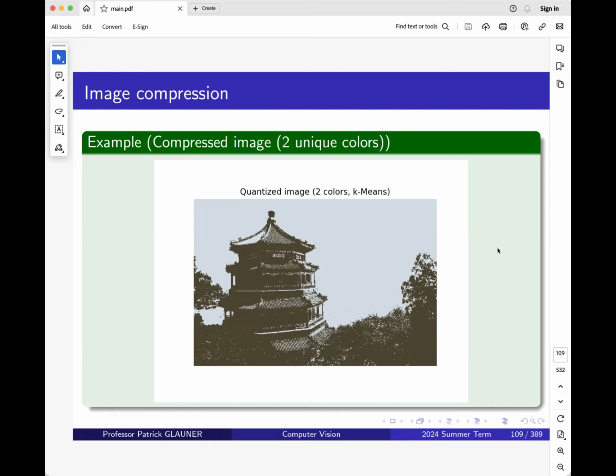For example, some students investigated this last year in their projects. So neural networks can be used for all sorts of problems in computer vision. But there are good reasons that we don't just discuss neural networks in this course, because neural networks also come with lots of new challenges. And we'll see those when we discuss neural networks in the next lecture.